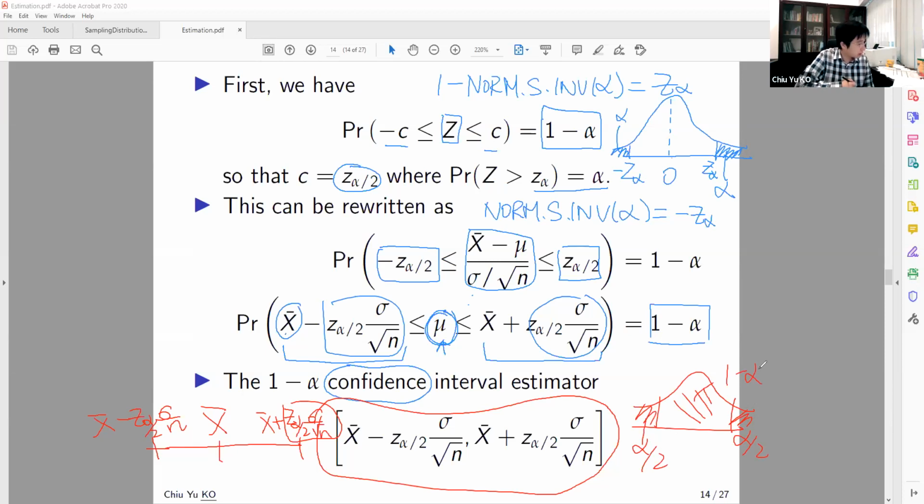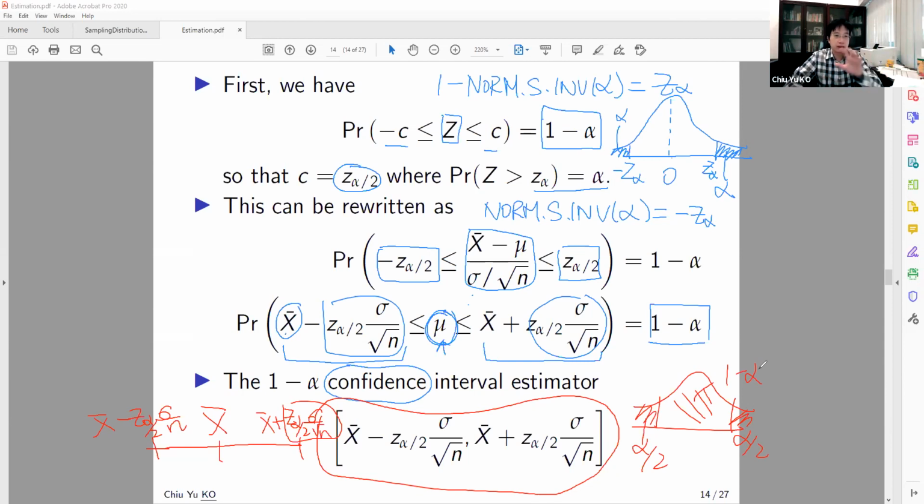Is there any question on this one first? Please feel free to ask, because that is rather complicated. Yes, this is exactly because of symmetry, so that's why alpha over 2. Because the normal is symmetric, you assign alpha over 2 on both sides, and the center will be 1 minus alpha.